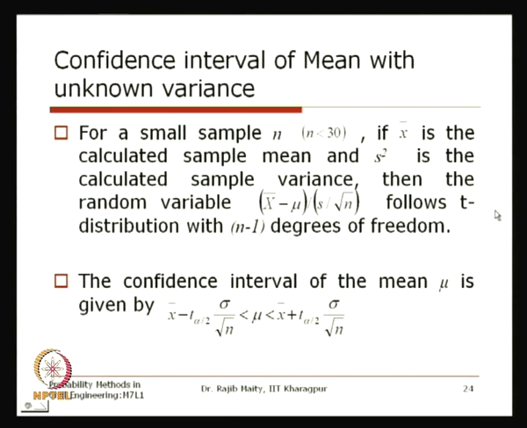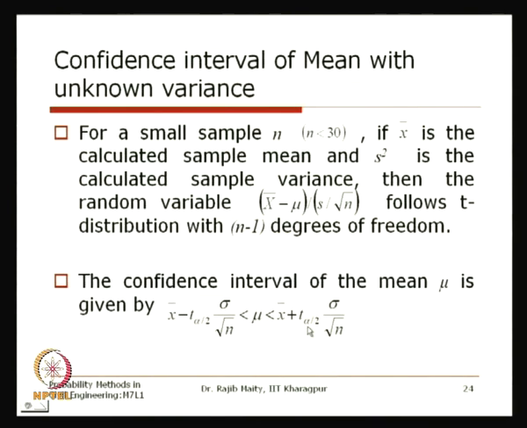The t distribution we have discussed earlier. The only thing is that if the sample size is small, this quantity will follow the t distribution. If the sample size is large and the variance is known, then it will follow a normal distribution. So in this case, the confidence interval will be x bar minus t alpha by 2 sigma by square root n and x bar plus t alpha by 2 sigma by square root n.